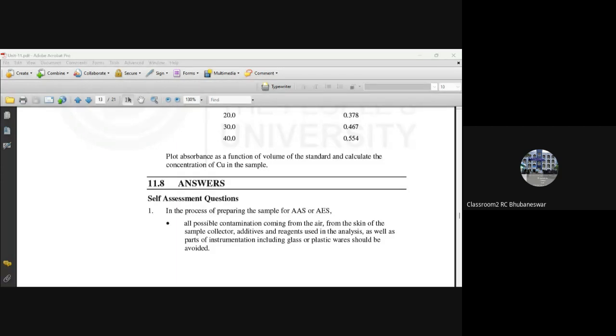Tomorrow we'll discuss NMR spectroscopy, mass spectroscopy, and then some structural elucidation. We are left with three units, and those three units will be covered tomorrow. With that, I will finish MCH 003.